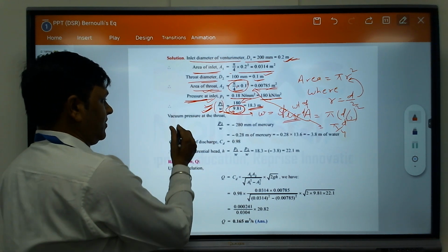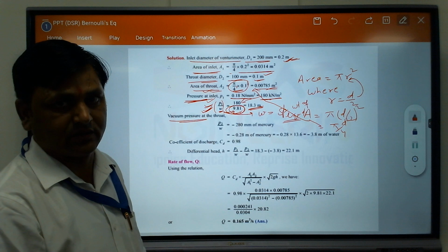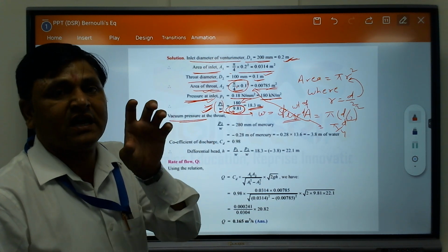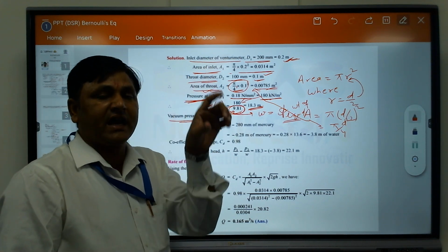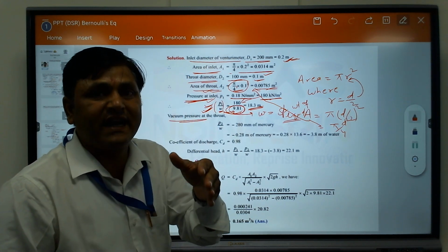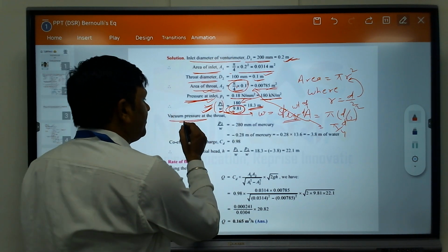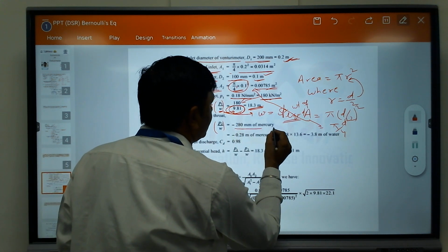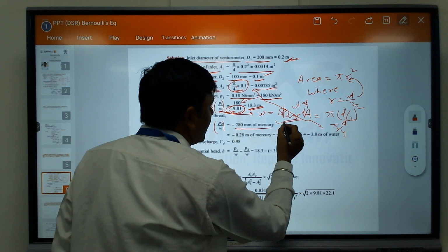Okay, now the vacuum pressure at the throat. There are three sections: the converging section, the throat, and the diverging section. We have taken the converging section as the inlet, and the second section we have cut at the throat. So the vacuum pressure at the throat, P2 over W, is minus 280 mm of mercury.